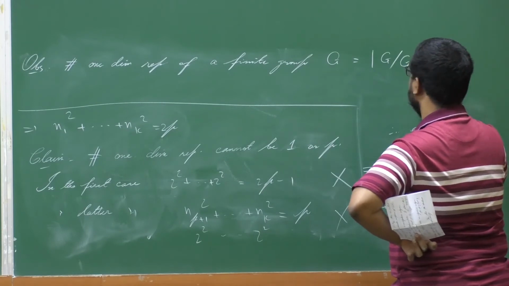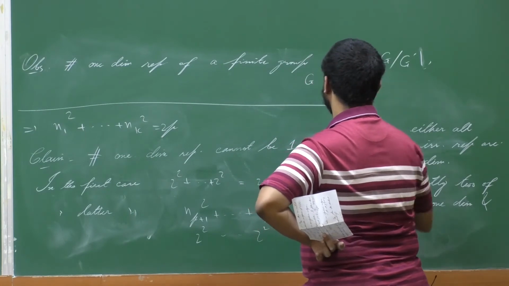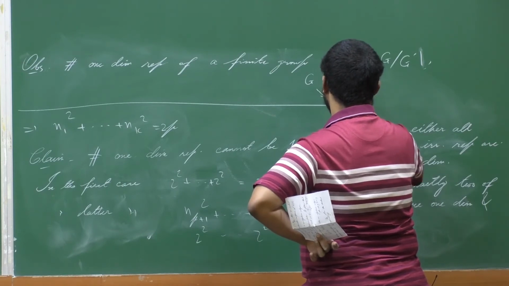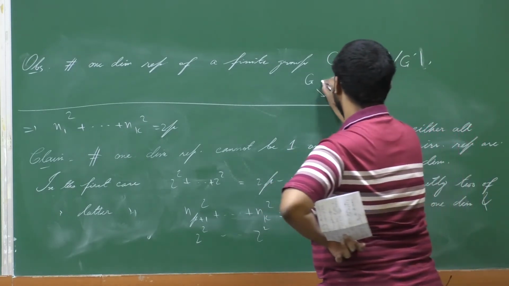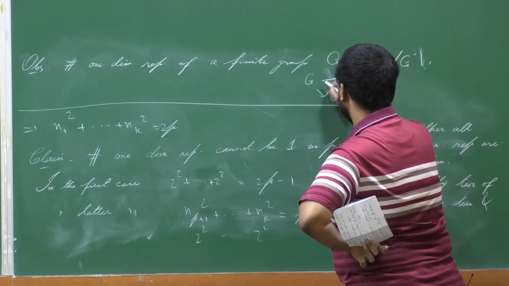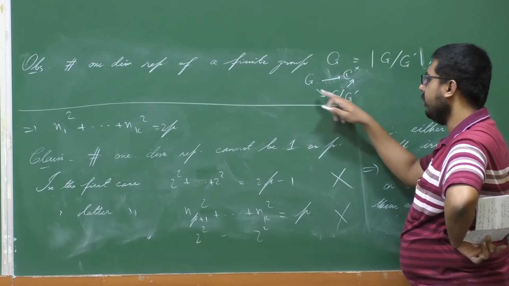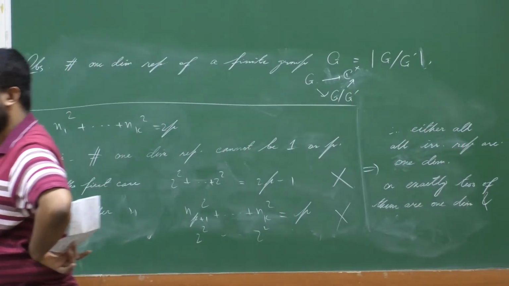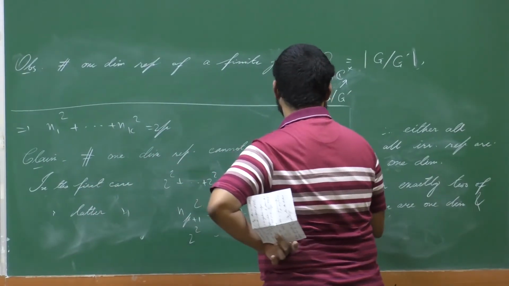The main reason, let me just tell you, is that a one dimensional representation is basically a homomorphism from G to C star. Therefore there is a commutative diagram. What I mean by this is that every one dimensional representation of G is obtained by a one dimensional representation of G modulo G prime, composed with the quotient map.